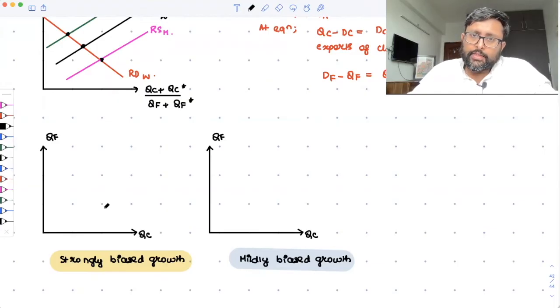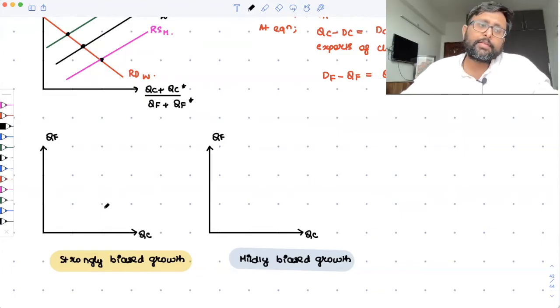And when you say growth is biased, you call growth biased if it is biased towards one particular sector. It could be the cloth sector, it could be the food sector, whichever. If it is proportionate in both the sectors, then the growth is not biased.